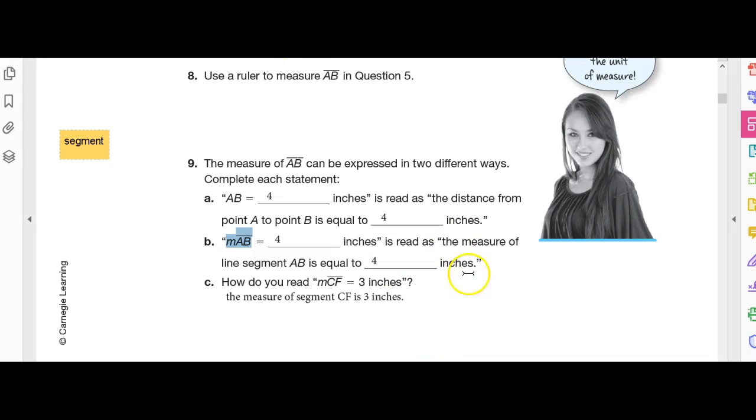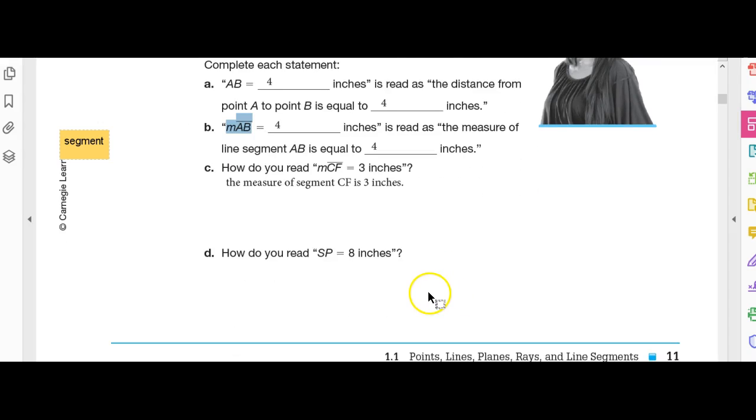All right, and then let's go down here. It says, how would you read SP equals 8 inches? Okay, so that is not talking about the segment. We're talking about just the distance between the points. So we would say the distance between points S and P is 8 inches, right?